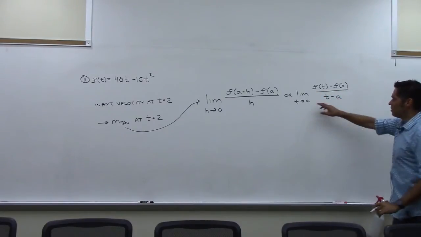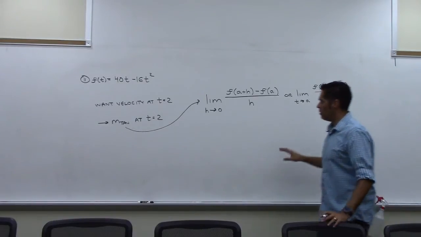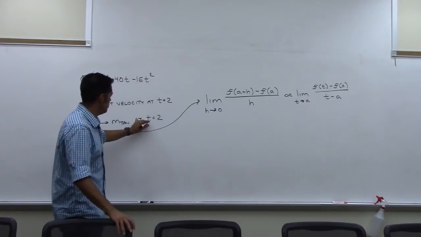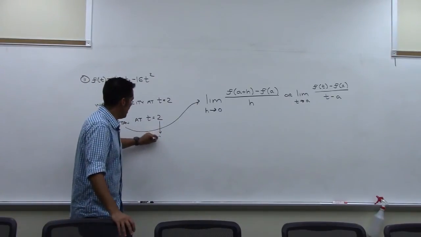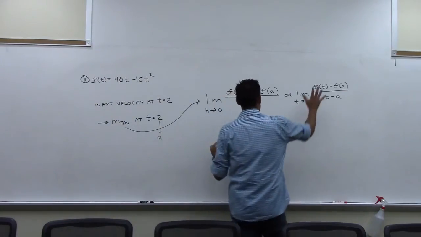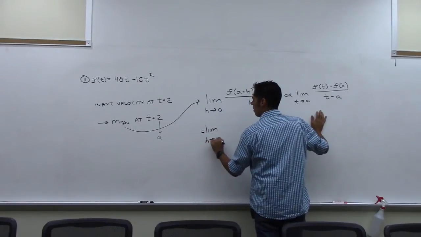You'd have to replace all your x's with t's because that's our variable in the problem. But I don't need to worry about that because I'm doing it this way. So for us, when they say t is 2, it's kind of like them saying x is 2. This is our a. Remember, I'm not using that one. This is limit as h goes to 0.